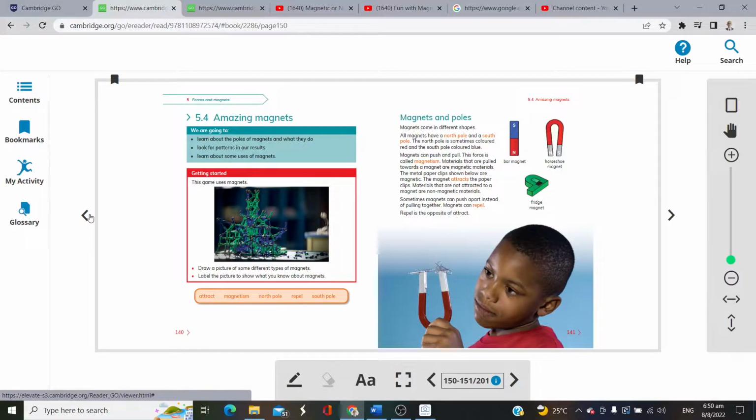We have learned about the amazing magnets, magnets and poles. Do you know what poles magnets have? Let me show you.